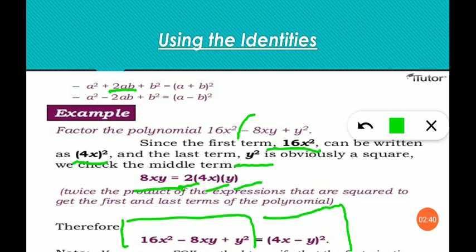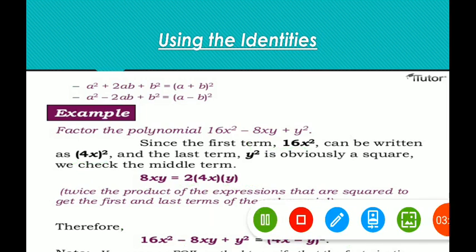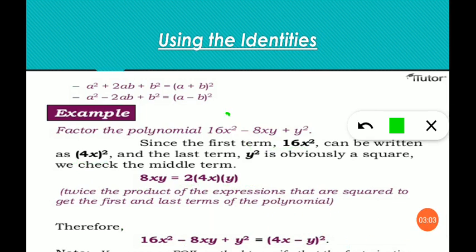Since the second term is negative, it is a minus sign here. If it is positive, we will give the positive sign. If it is plus 8xy, then it becomes 4x plus y whole square. So there are three steps in this. The first step, check whether the first term is a perfect square or not.